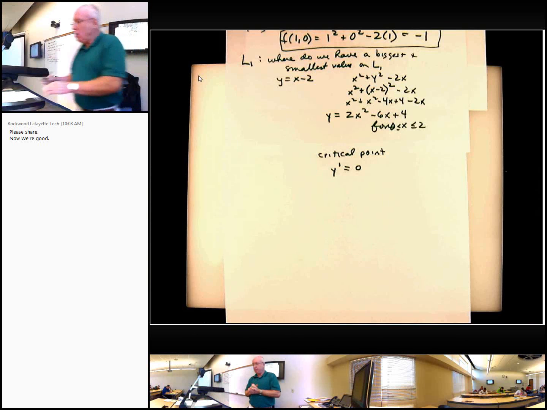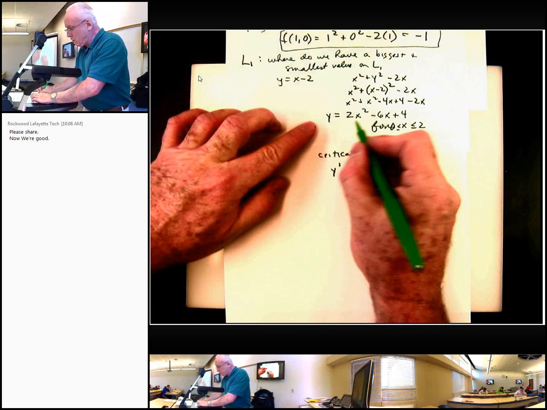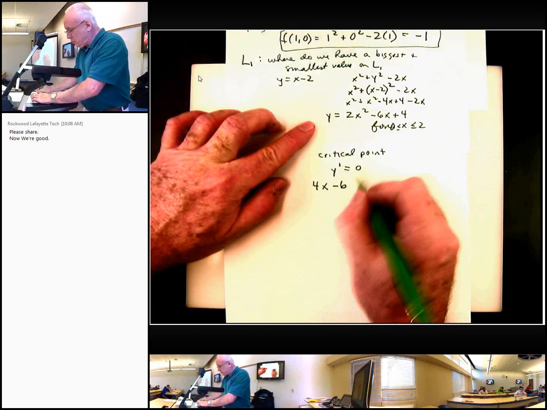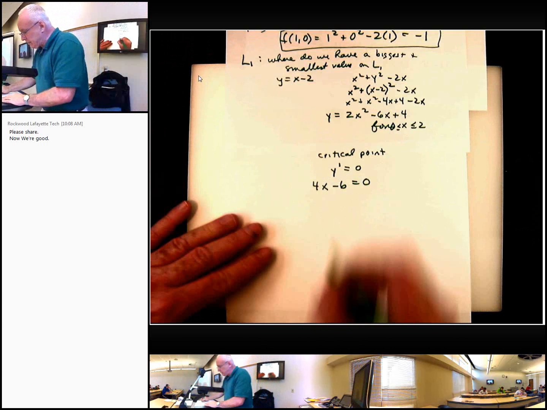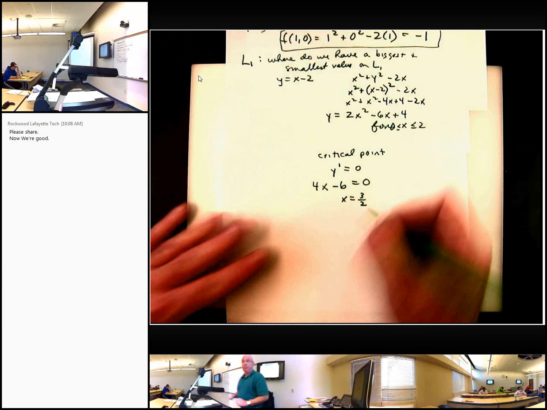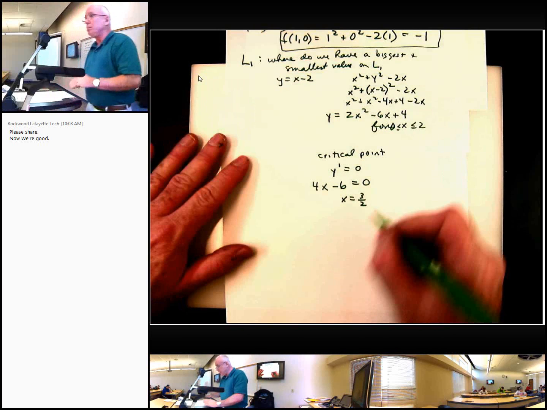Well, what's the derivative of this? That's going to be 4x minus 6 equal to 0. And so that's a simple one. We get x is equal to 6/4 or 3/2. So when x is equal to 3/2, we have a critical point.